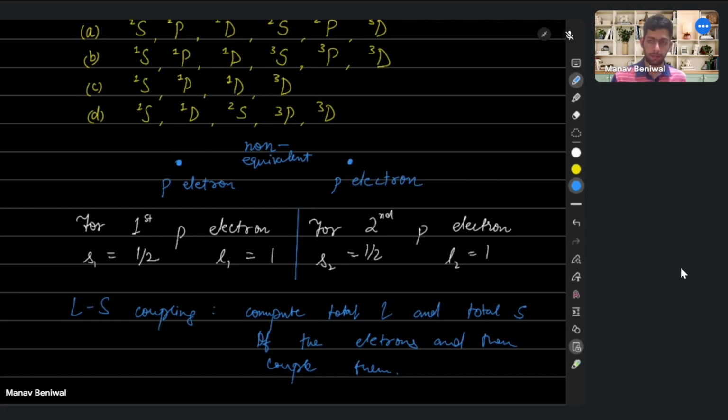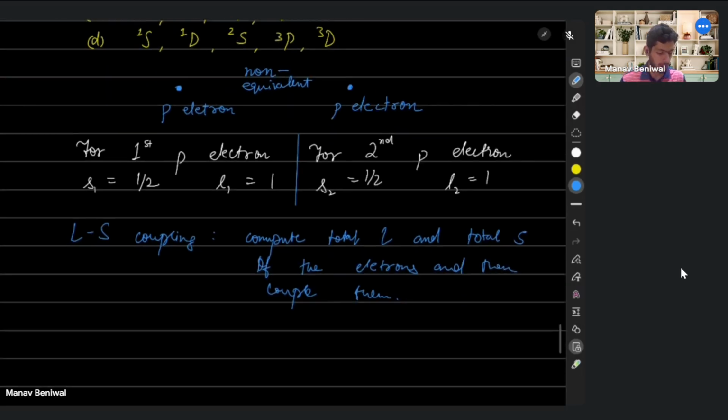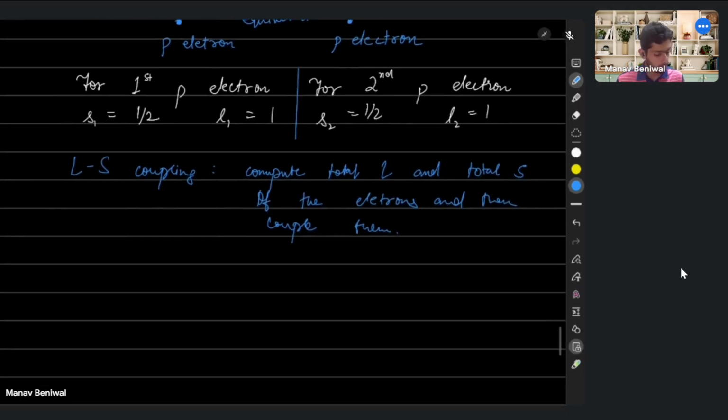The other scheme is known as JJ coupling. In JJ coupling, what we do is we couple the S and L first. So J1 will be L1 plus S1, J2 will be L2 plus S2, and similarly we calculate the total angular momentum for all the electrons before we couple them, and that is known as JJ coupling. But here we are talking about LS coupling.